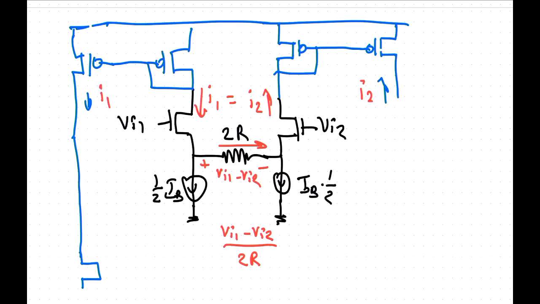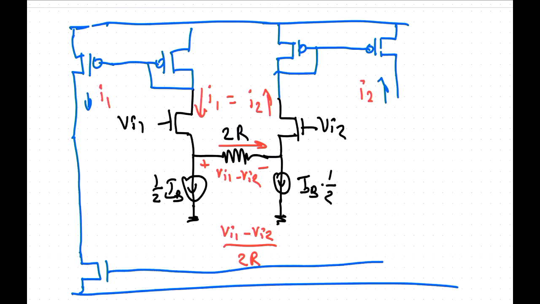That's common to do. So I'll show you two options on how to do that. It's actually looking almost exactly like a current mirror op amp now.